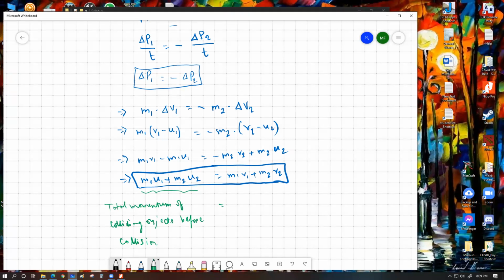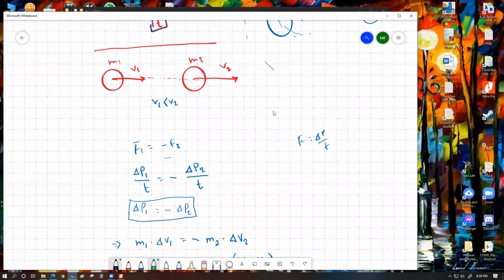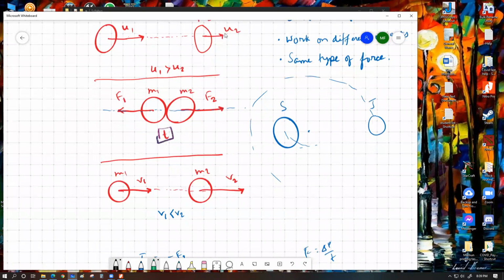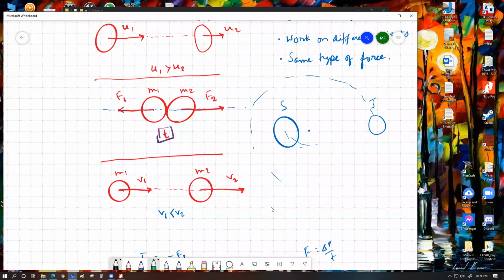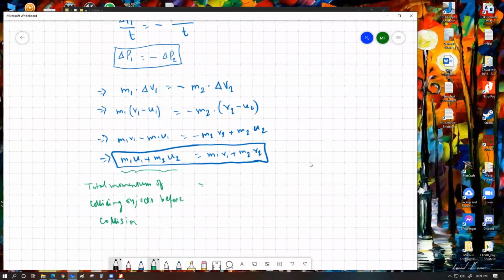M1 V1 is the final momentum of object 1. Have a look, final momentum of object 1. And M2 V2 is the final momentum of object 2. So this sum is the total momentum of colliding objects after collision.